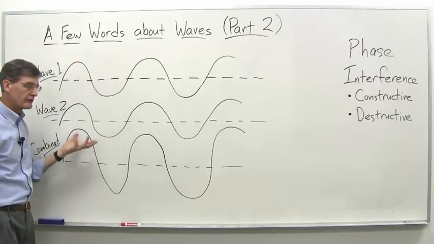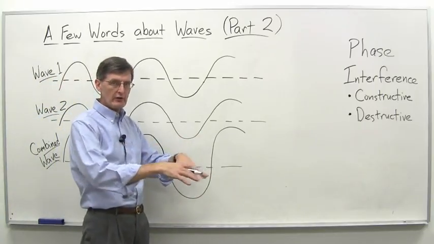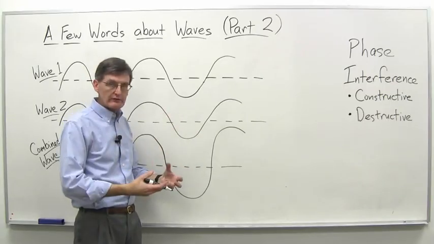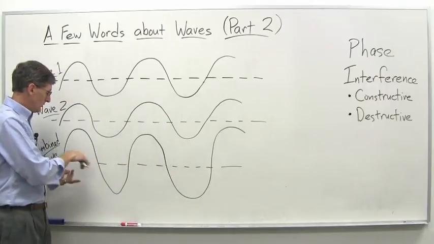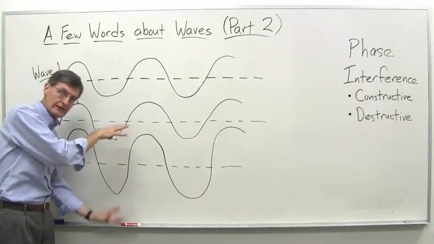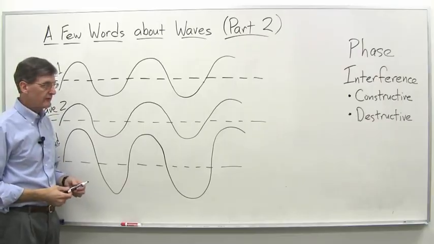And so this is known as constructive interference. The waves are interfering with each other, coming together, adding together, but they're doing it constructively. In other words, the peaks add and you get bigger peaks, and the trough sections add as well, and you get deeper troughs that way. So that's known as constructive interference.